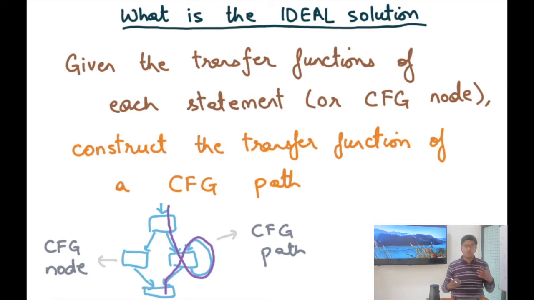So we can talk about the transfer function of this whole path. Even if I have gone around the loop 10 times, what is the transfer function of this whole path? That is basically answering the question: if I have a value x at the beginning of this path, what is the value f(x) coming out at the end of this path?